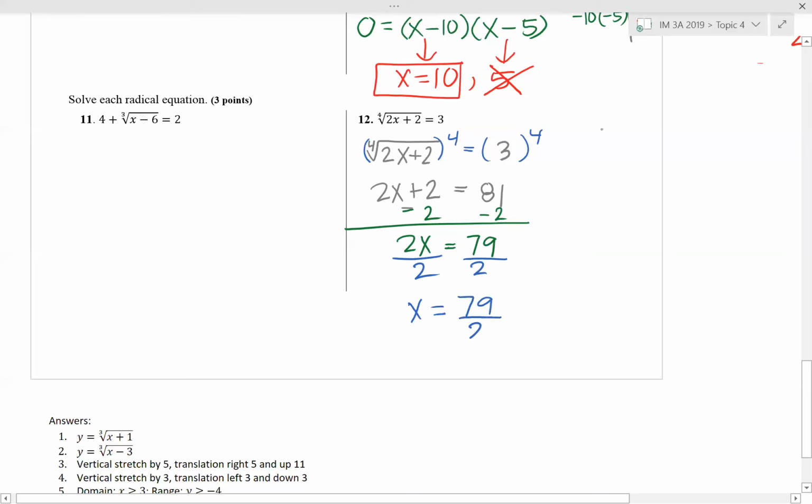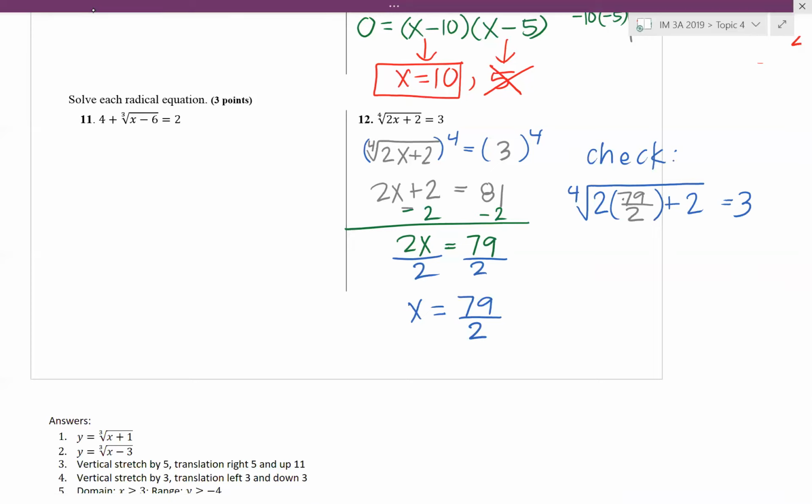So to check this, what we're doing is we're plugging 79 over 2 into the original problem, which was the 4th root of 2 times x plus 2 should be equal to 3.